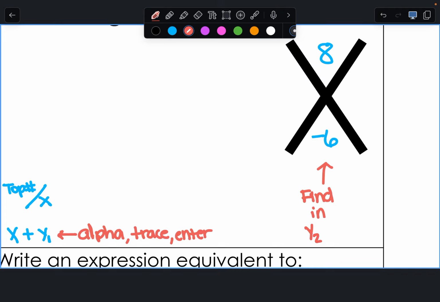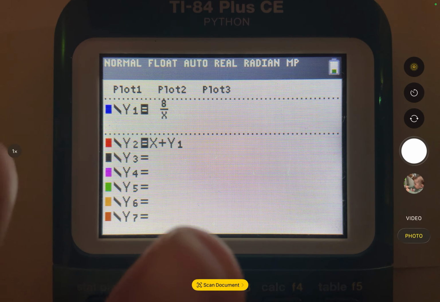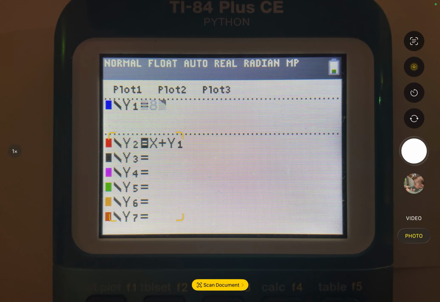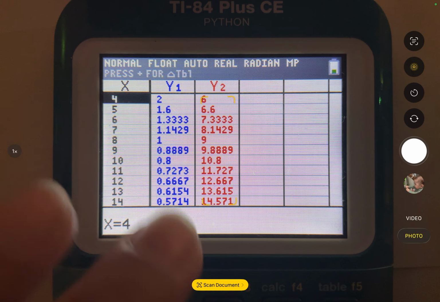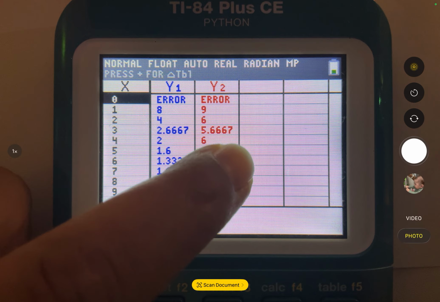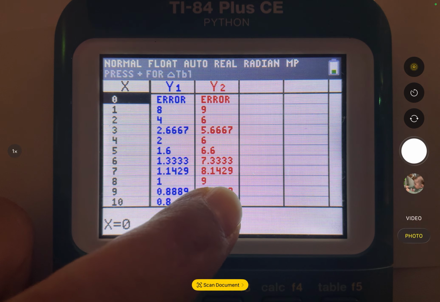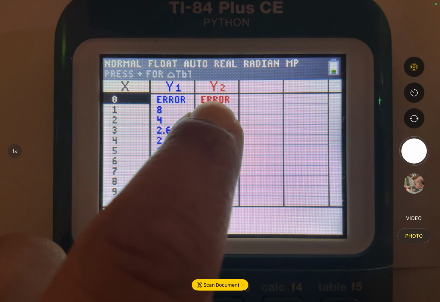That's because you did the slash. If I type it in that way, 8 divided by x, I'll see decimals as well. So you're supposed to be looking for that bottom number, which is -6.